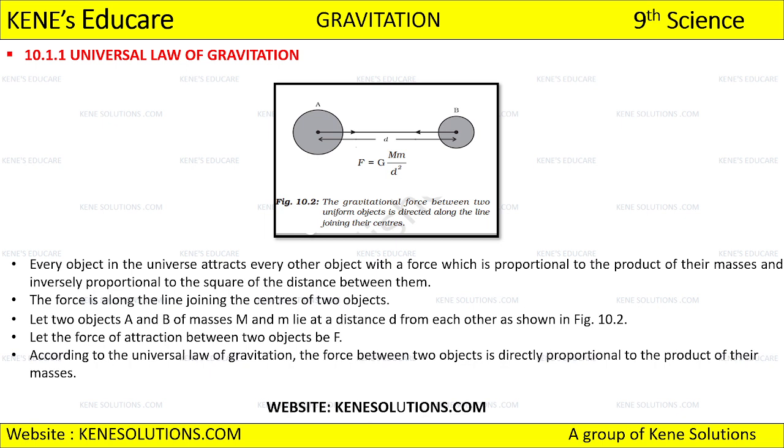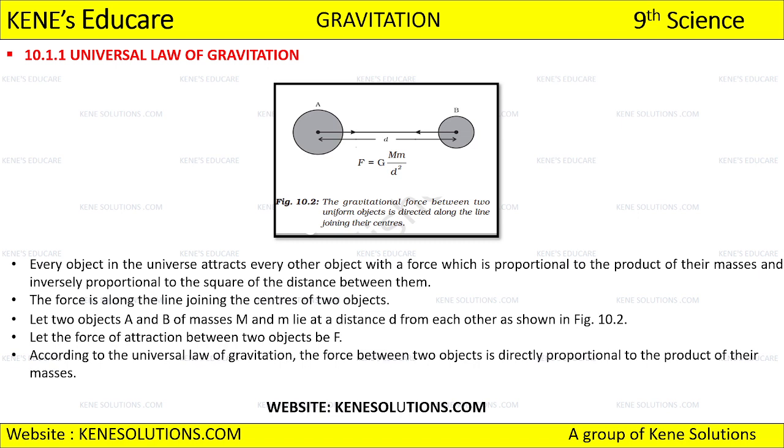Then we know that it is directly proportional to the product of their masses, capital M and small m, and inversely proportional to the square of the distance between them. So the formula that we get here is F = G M m / d².